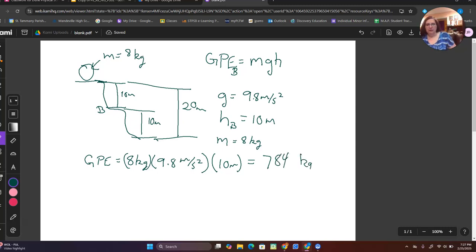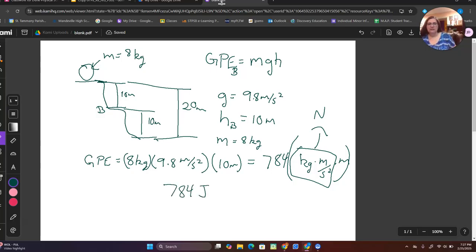The units are kilograms times meters per second squared times meters. Kilograms times meters per second squared becomes a Newton, and then we multiply it by meters. So this whole unit is represented with a capital J for joules. So 784 joules of gravitational potential energy is experienced by this rock if the ground was at point B, if it stopped at point B.